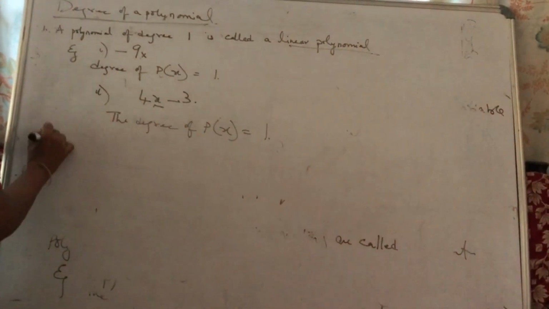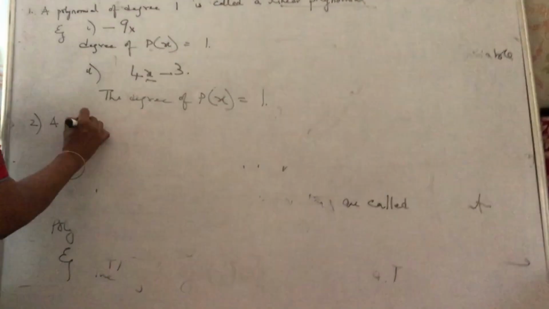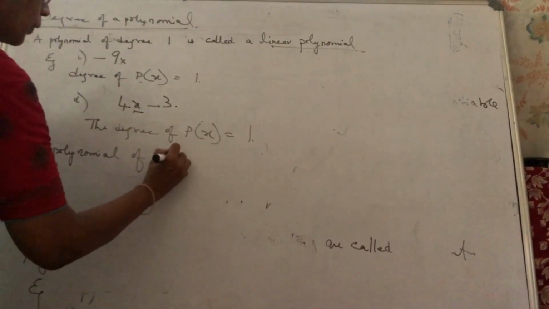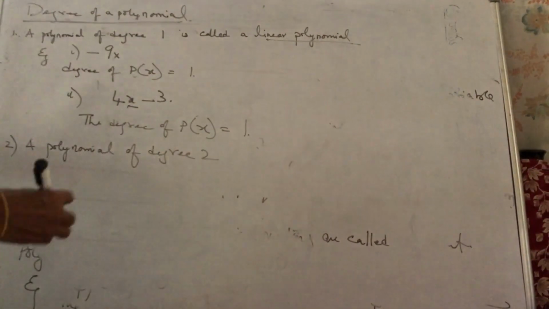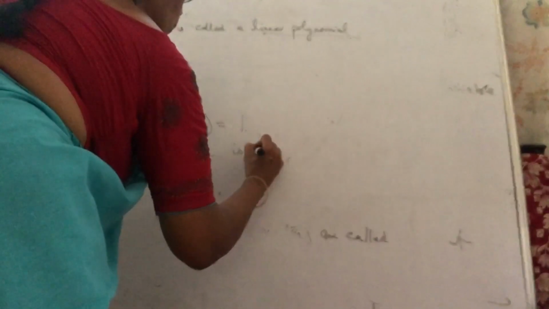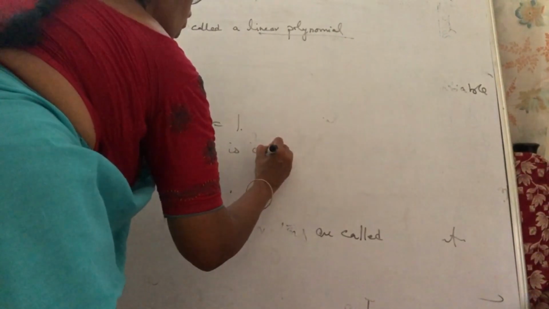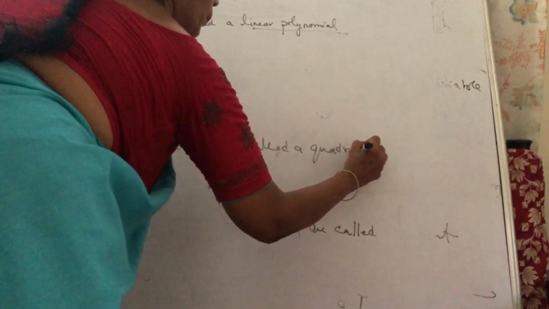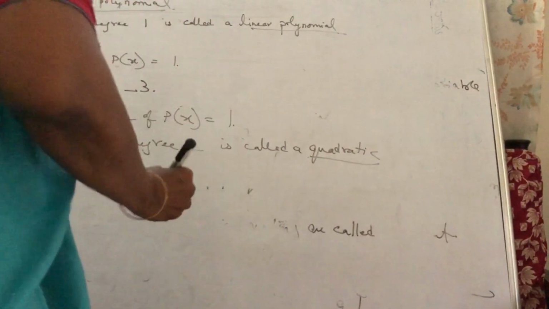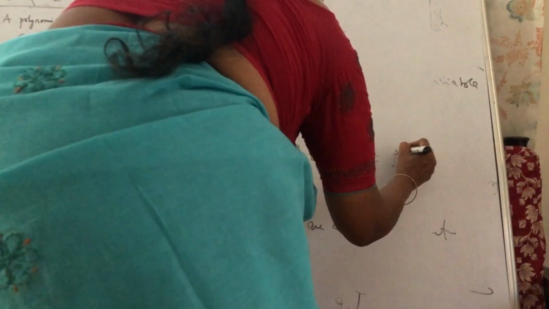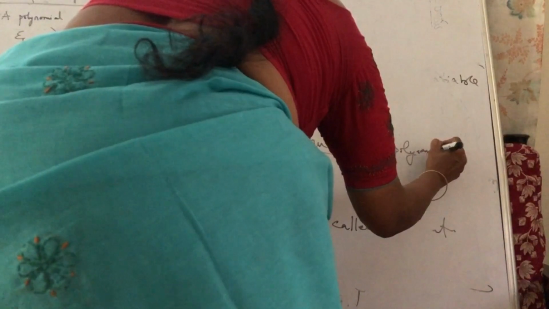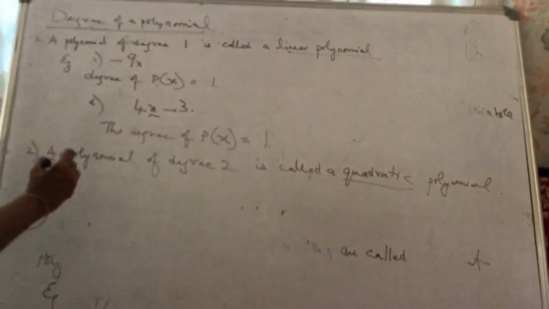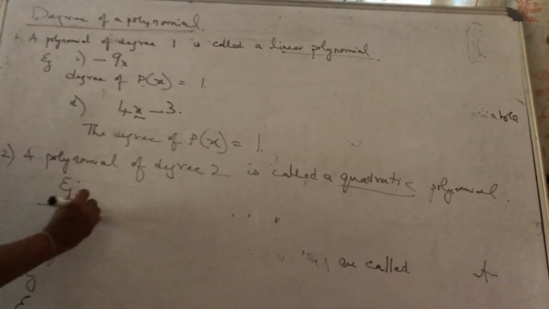Next one, a polynomial of degree 2 is called a quadratic polynomial.